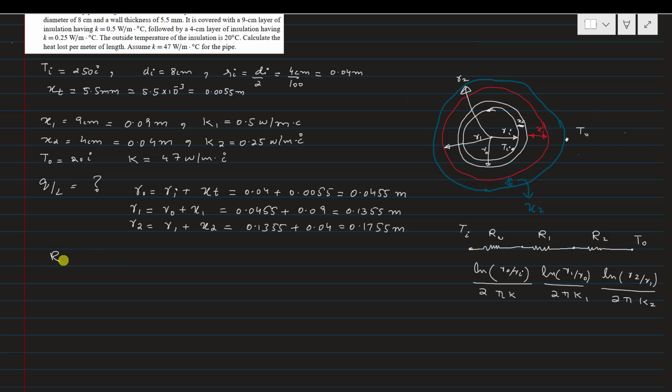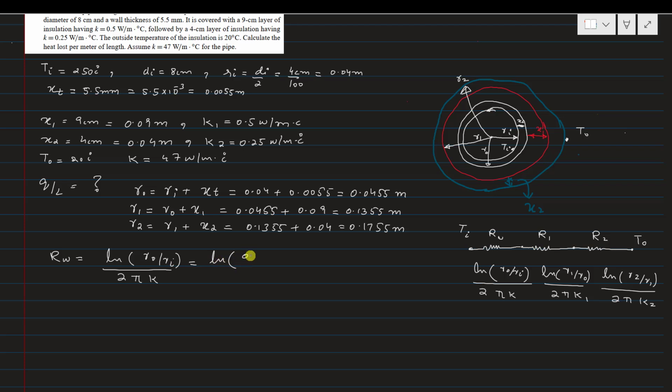So this RW is equal to ln of R0 divided by Ri, divided by 2 pi K. So ln, what is R0?